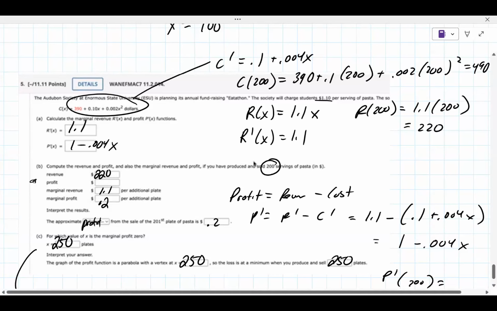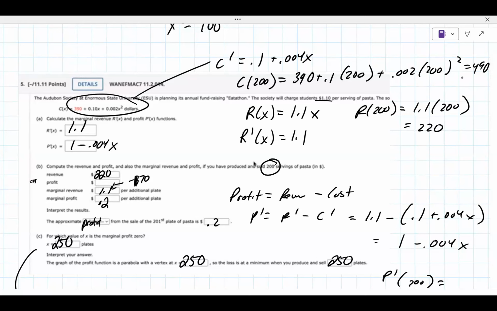The problem is that means the profit is negative, but the marginal profit isn't, which is bothersome. But okay, so it's 220 minus 490, so it's going to be negative 270.